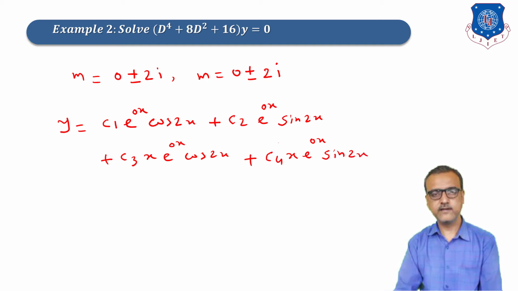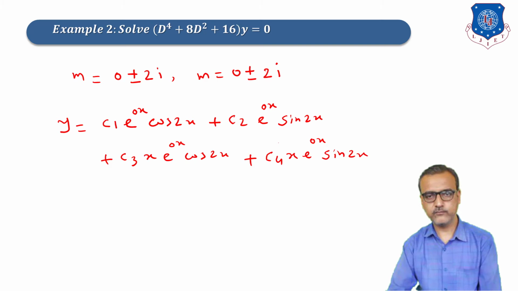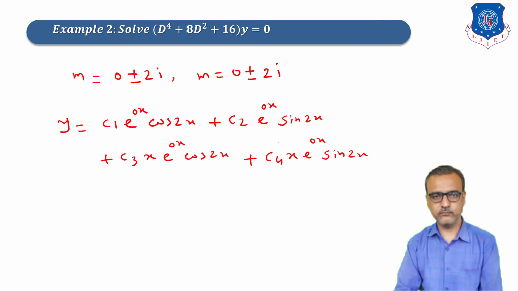Now as e raised to 0x is 1, we will replace e raised to 0x by 1, and from the first term, that is c1 cos 2x, and the third term c3x cos 2x, we will take cos 2x common, and from the second term and the fourth term we will take sin 2x common.